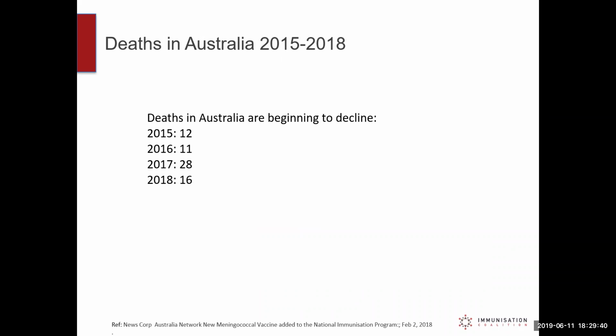It means that providers are perhaps diagnosing this early enough, getting those antibiotics in. We've got better treatments in our intensive care units for these particular individuals, and hopefully we will continue to see a decline in 2019. 2017 it did certainly jump up, but 2018 was much, much better.